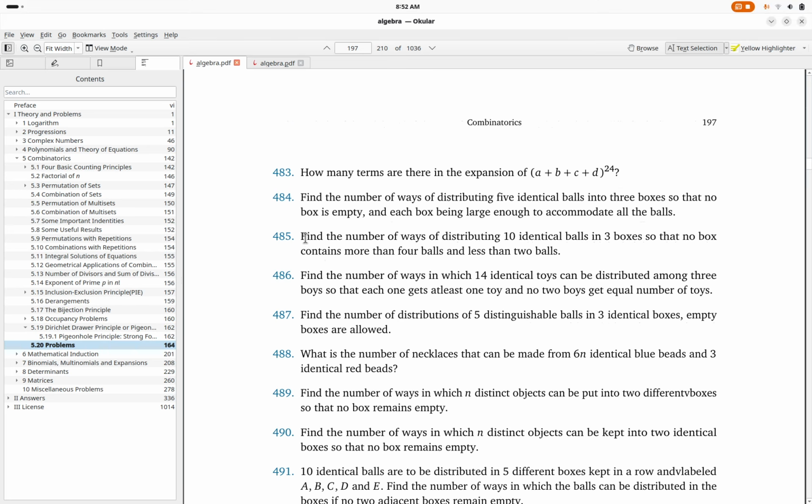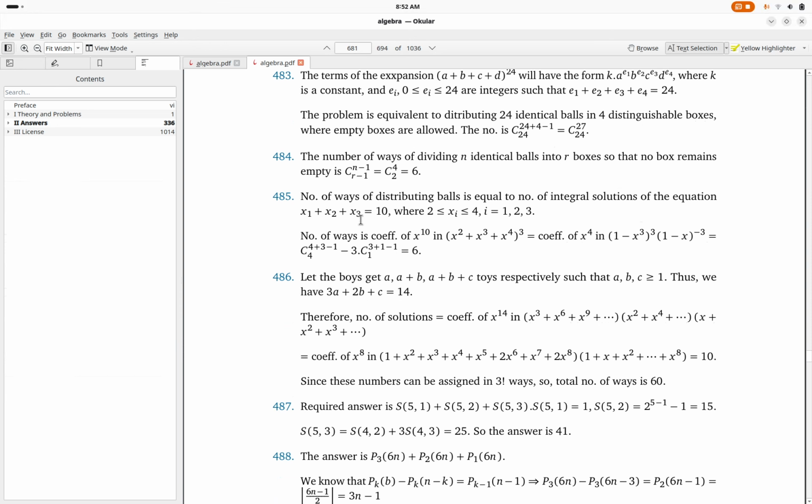Question 485 says: find the number of ways of distributing 10 identical balls in 3 boxes so that no box contains more than 4 balls and less than 2 balls. The number of ways of distributing the balls is equal to the number of integral solutions of the equation x1 plus x2 plus x3 equals 10, where xi is between 2 and 4 and i varies from 1 to 3.